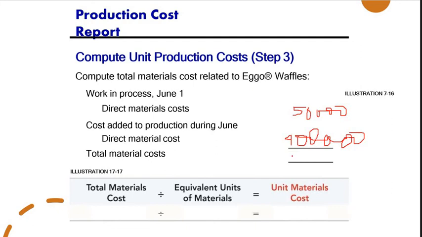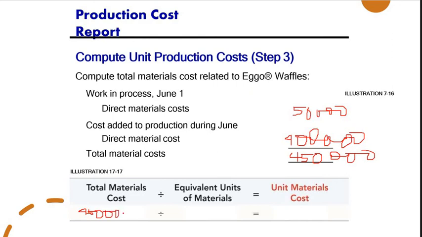Okay, so the total material cost natin is 450. Madali lang natin i-compute yung total material cost related to the Ego Waffle, ha? Yung direct material cost natin, tapos i-add mo yung cost added to production. So, 450. Okay? So, meron na tayong total material cost.